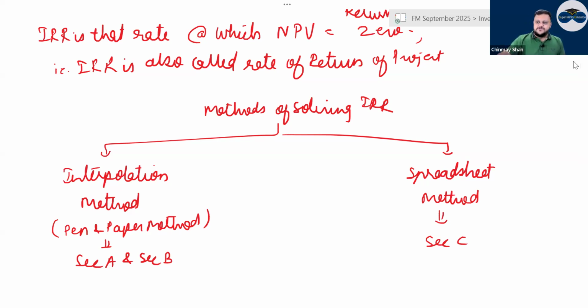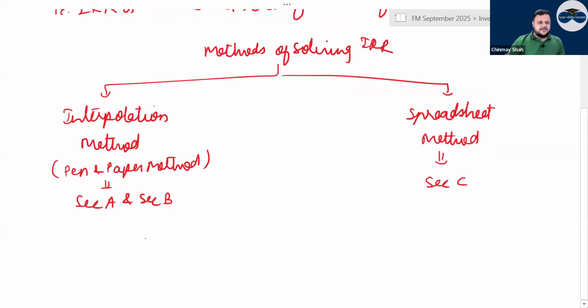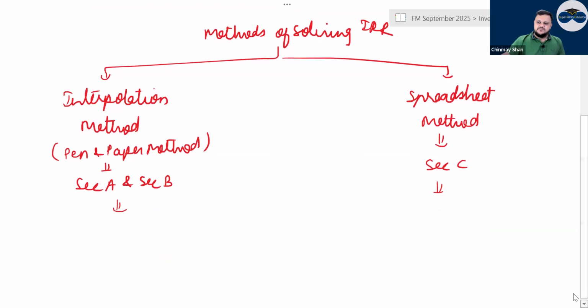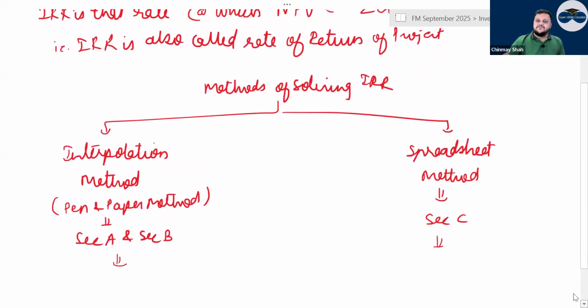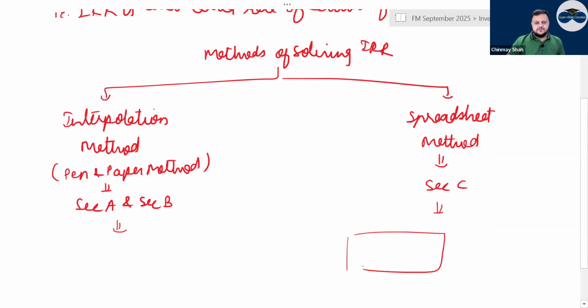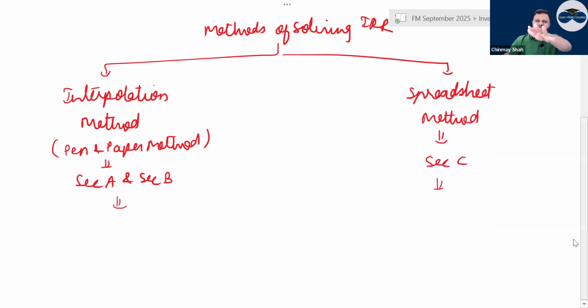Leave 8-9 lines below this. 8-9 is too much, 5-7 lines. Below this you will write the formula. No, leave 8 lines, this formula is big. I am not interested in whatever we are writing. I am interested in the concept.